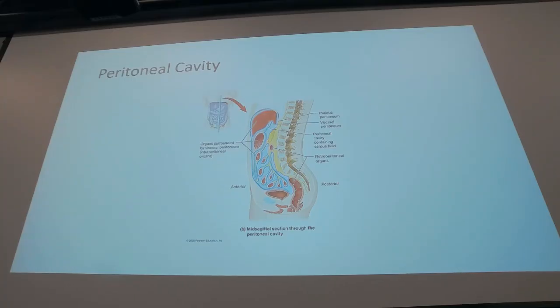So this cavity, the peritoneal cavity, has two layers, just like most cavities in our body, where we have 2 or 3 layers depending. But the one that actually surrounds the entire cavity itself is called the parietal peritoneum. Parietal means wall.